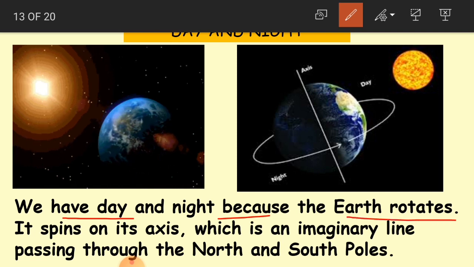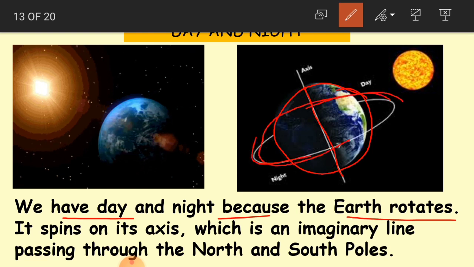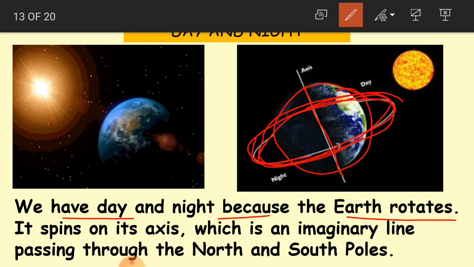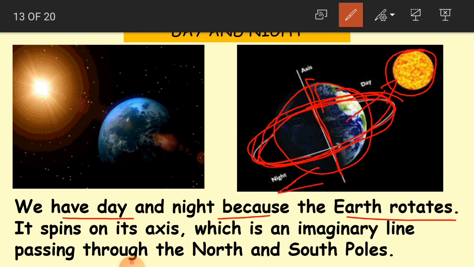See here, the earth rotates. This is the tilted axis, and here is our earth, which is going to rotate around itself. When this rotation is going on, some part will be having the day, because this part is lit by the sunlight, and the other part will be having the night. See here, even in the picture it is very clear for you.